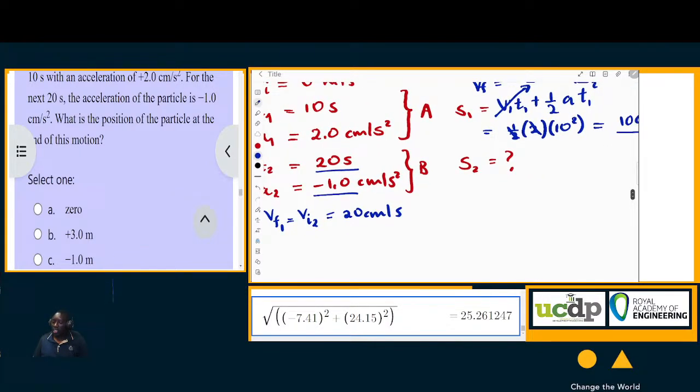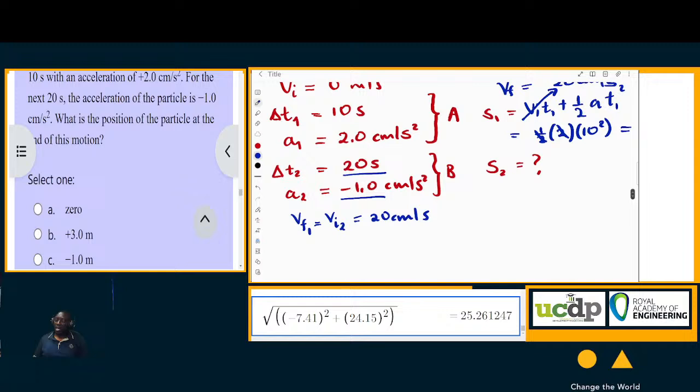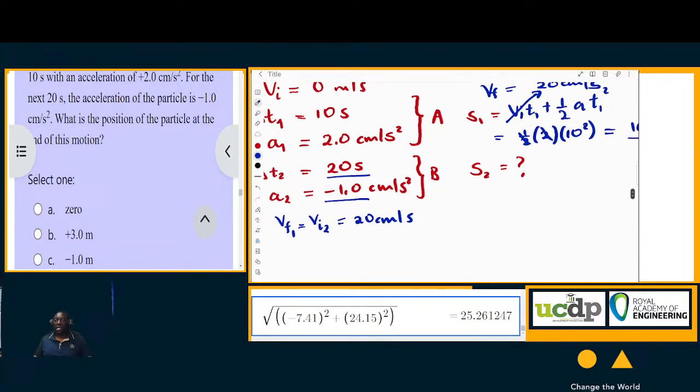Now we have all the required information. Can we calculate that?